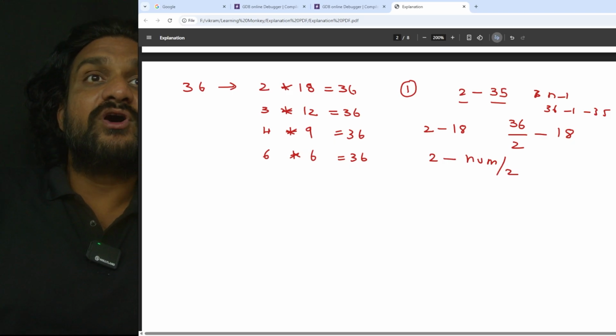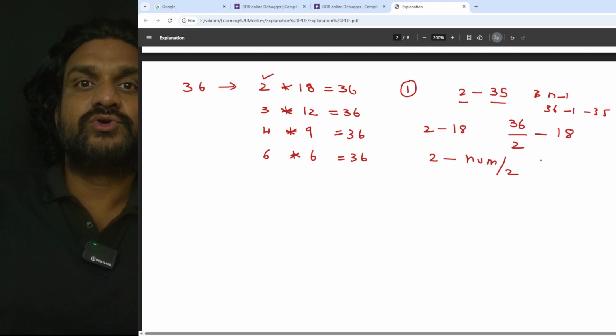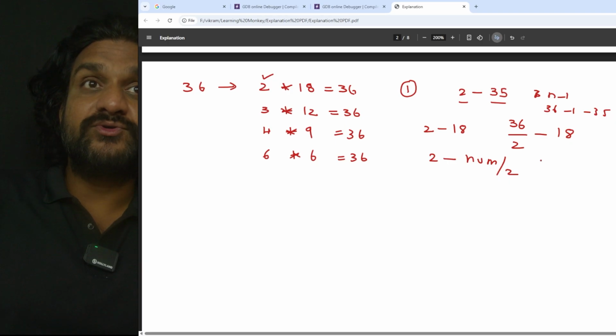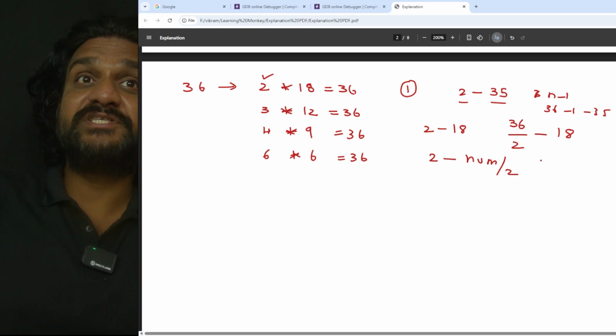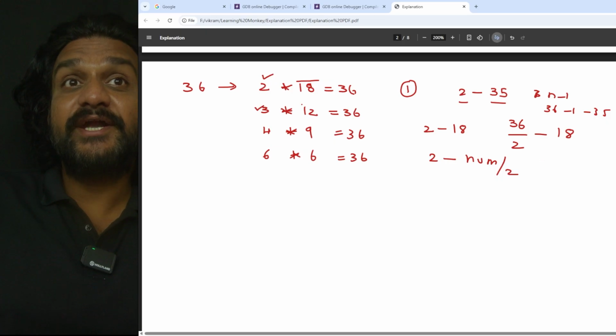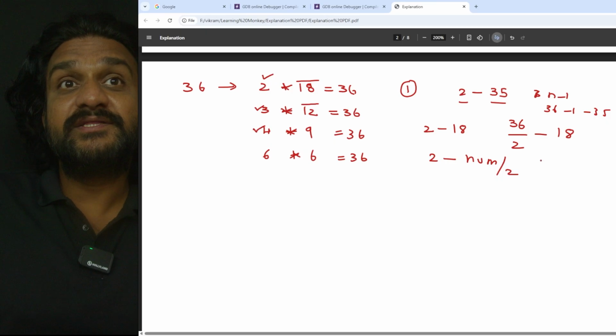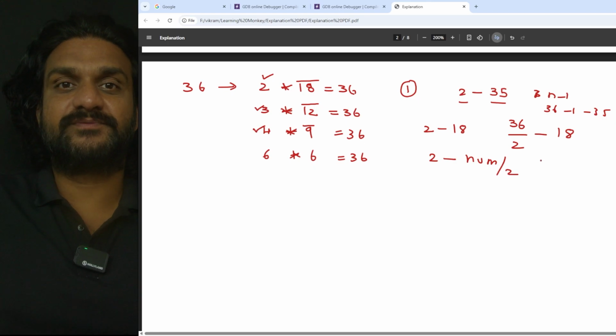Now what we need to understand is that the least factor by which 36 is divisible is 2. If it is divisible by 2, the maximum number by which it is possible to divide it is 18. For example, if you take the next case 3, the quotient is going to reduce. And if you take the other case 4, this number is still getting reduced.